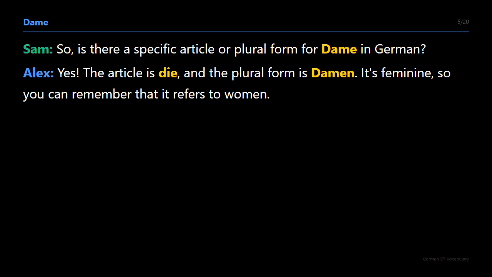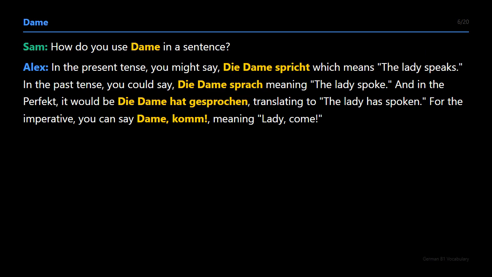How do you use Dame in a sentence? In the present tense, you might say, Die Dame spricht, which means the lady speaks. In the past tense, you could say, Die Dame sprach, meaning the lady spoke.